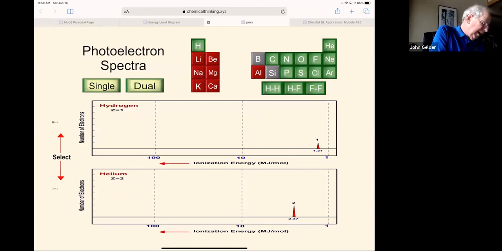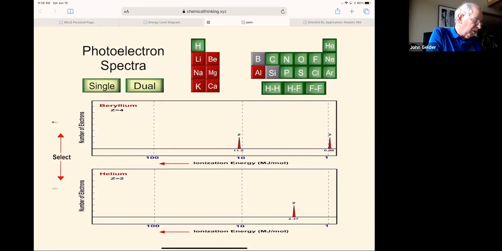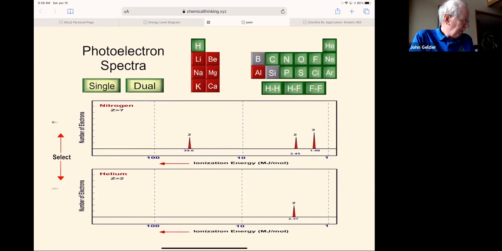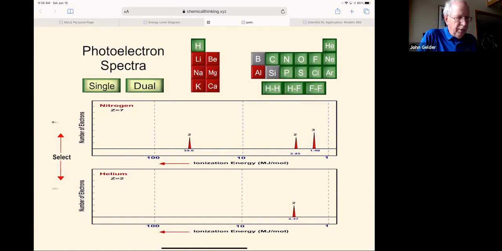You could pick from the little abbreviated periodic table some PES spectra, and you can see that as you go from lithium to beryllium to boron to carbon, look at what happens to those 1s electrons. So I just wanted to point that out quickly in the PowerPoint.